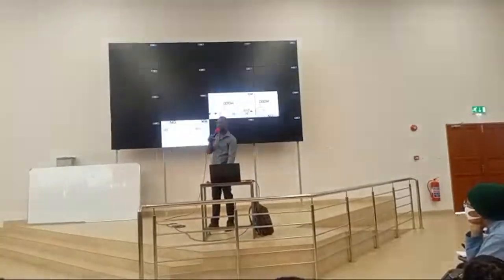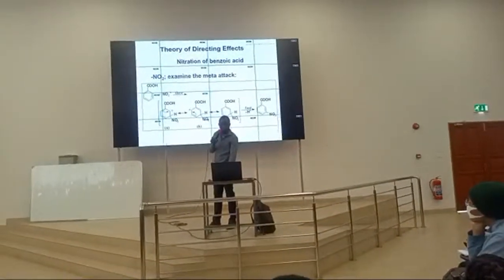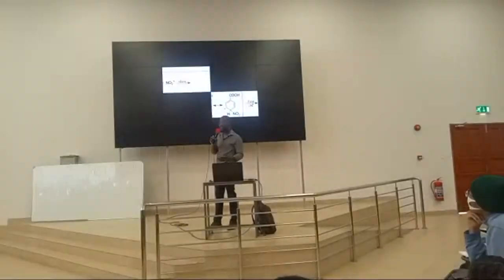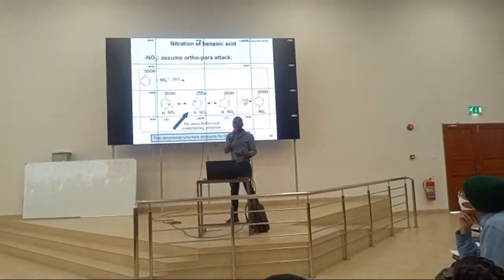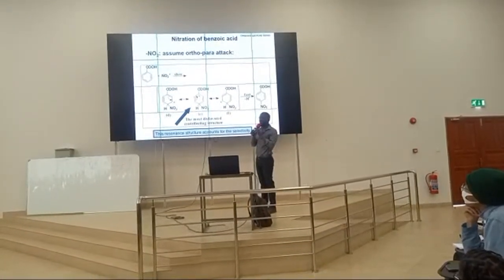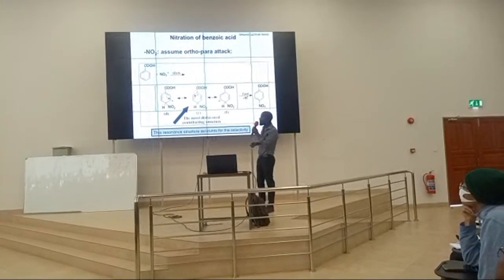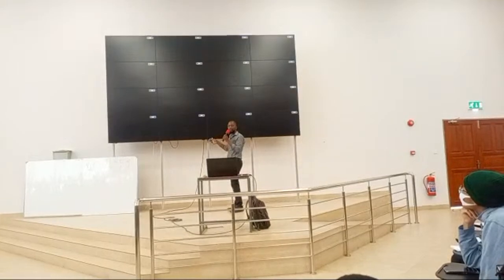Now, what if attack was to happen on the para? Okay, now this is unfavorable. What if attack was to happen on the para or the ortho position? Now this is unfavorable, and it leads to a minor product.